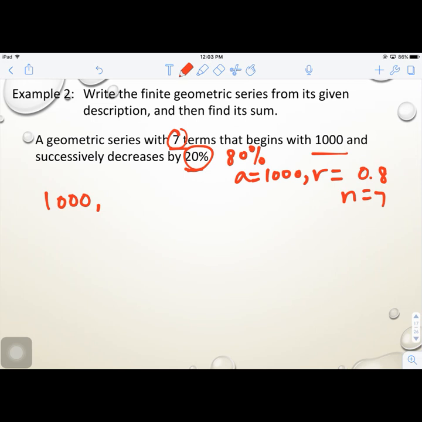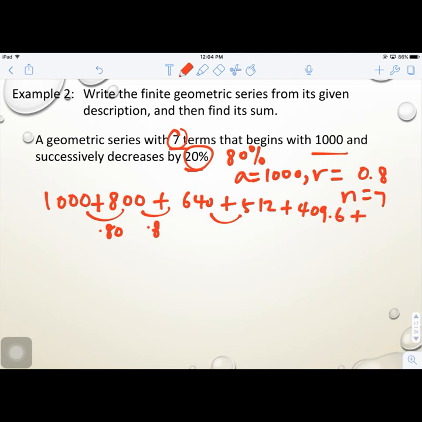So the next number that is going to be on the list is 800. So we're adding that and then adding 80% of the previous number, 0.8. That will be 640. The next number will be 512 plus 409.6 plus 327.68 and finally plus 262.144.